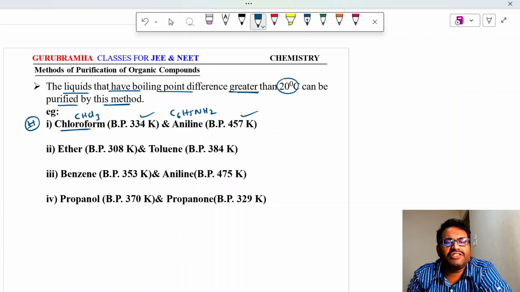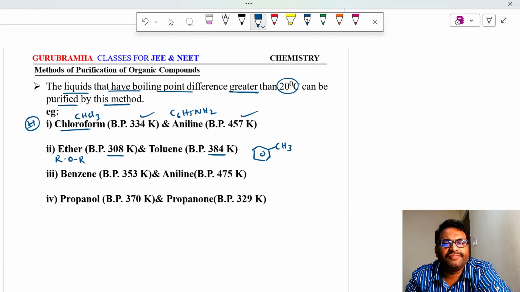Next, here also you can see 308 Kelvin, 384. What is that? Ether, ROR, and toluene, CH3 methyl benzene. Okay, and benzene 353 Kelvin and aniline 457 Kelvin. These two liquids can be separated by simple distillation because their boiling point difference is very huge. So this is asked in previous examination.